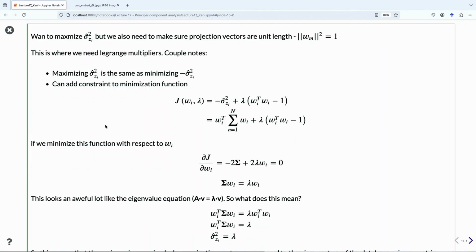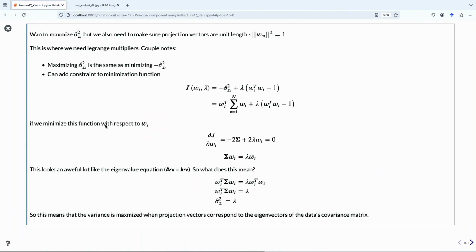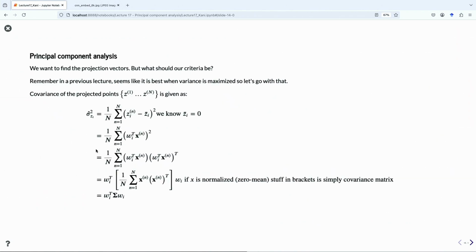Well, it helps us because we can use Lagrange multipliers. Why do we need Lagrange multipliers? We need them because we need to make sure the norm of the projection vectors stays equal to 1. If we didn't have this, then maximizing or minimizing this function becomes trivial, right?